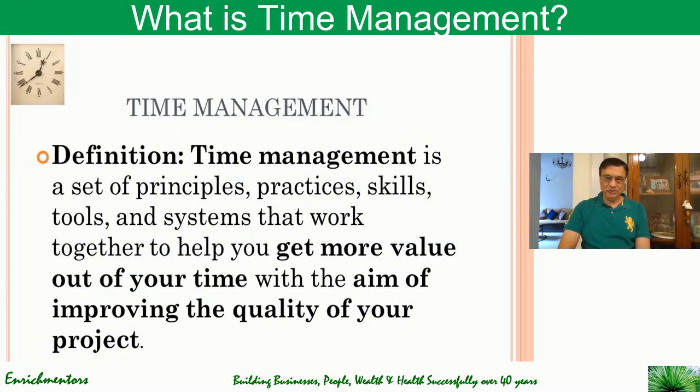Right. So there is a formal definition of time management I have in front of you. It is a set of things like principles, practices, skills, tools and systems that work together to help you get more value out of your time. So it's five things that work together, and the end benefit is that you get more value out of the time, with the aim of improving the quality of your life.